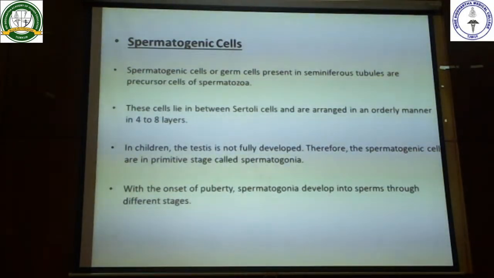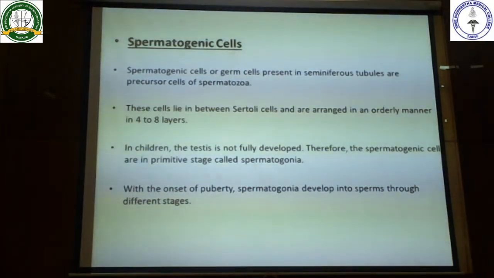They lie in between the Sertoli cells and are arranged in an orderly manner in layers. About 4 to 8 layers of these spermatogenic cells are present in the seminiferous tubules.